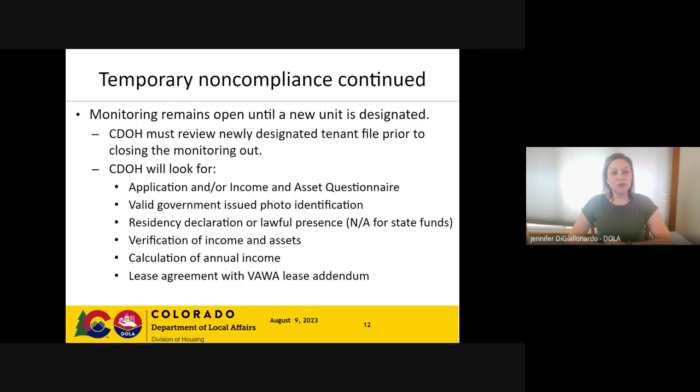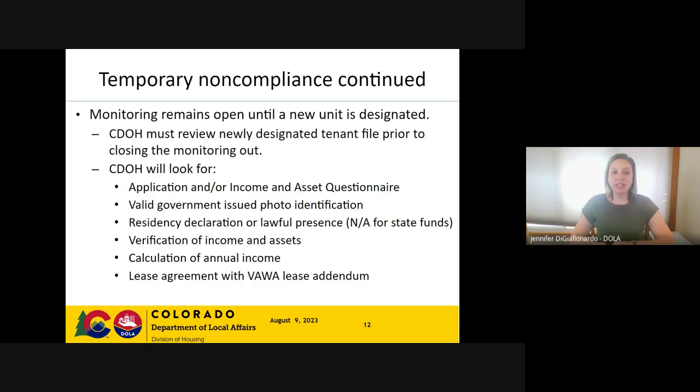Again, we're going to be looking for, in the new household file, an application or an income and asset questionnaire. We're going to look for a valid government issued photo ID. We're going to be looking at the issue date and the expiration date on this ID. We're going to be looking for a residency declaration or lawful presence affidavit for federal funds only, not applicable to state funds.